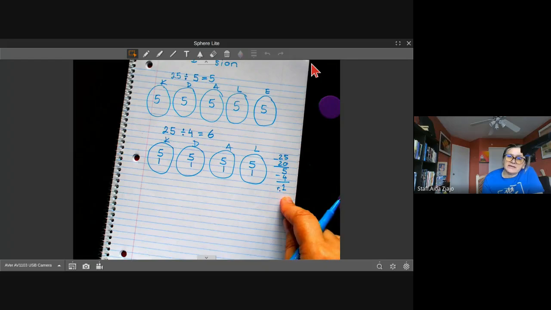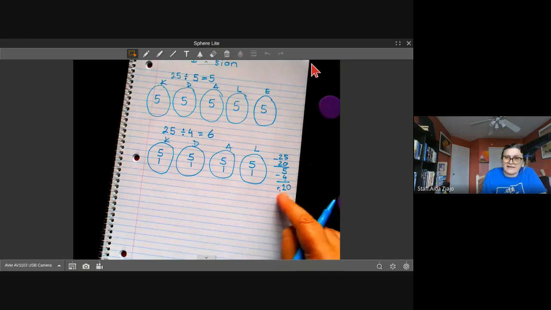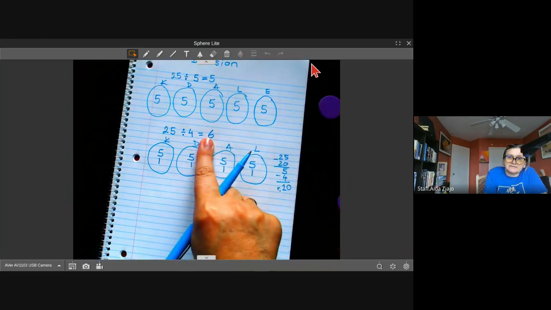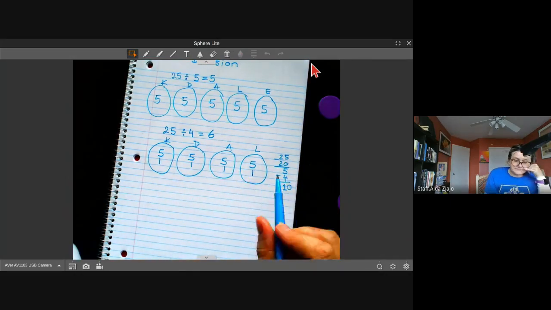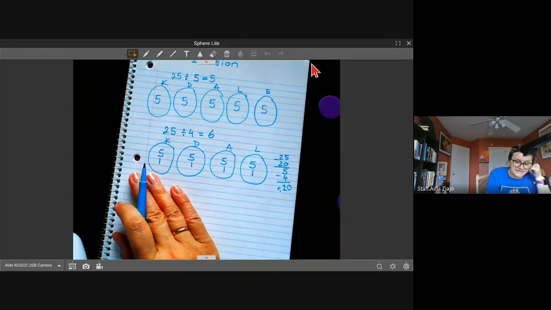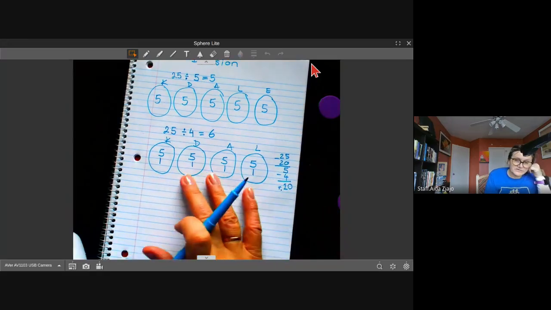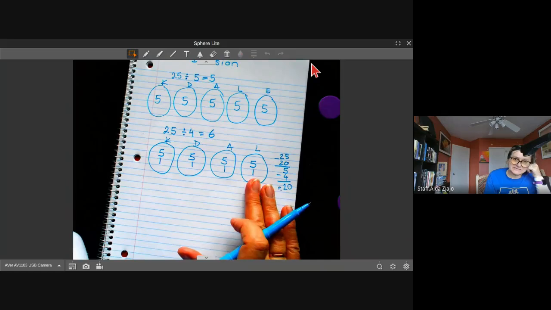I can divide that chocolate into 10 pieces, and then each person will get 6 whole chocolates, and if I divide this part into equal parts, each can get 2, 4, 6, 8 tenths I can share.